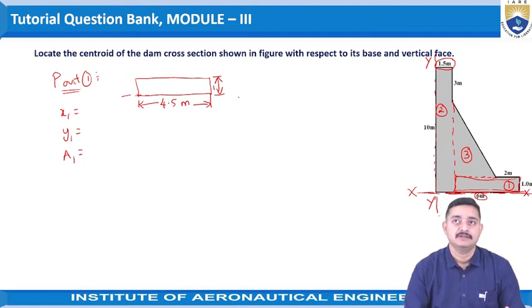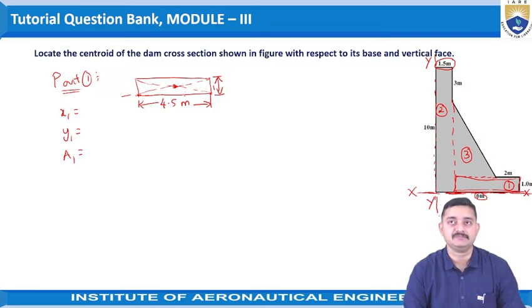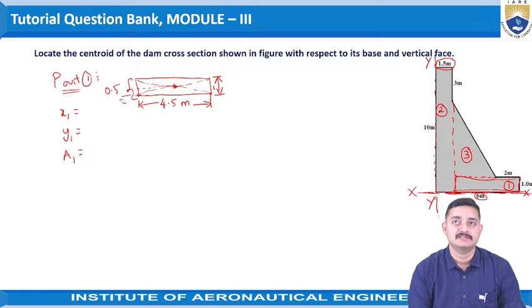The centroid of this rectangle is the intersection of the two diagonals, so its distance from the bottom would be half of the side.